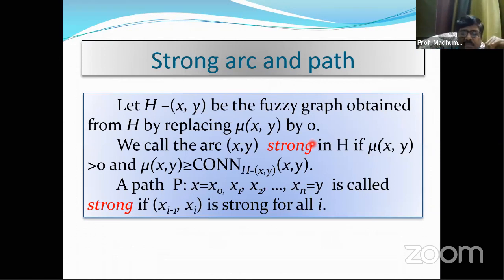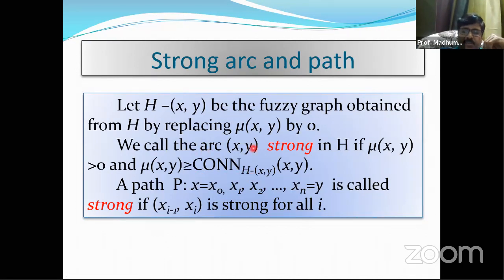Now, based on this connectedness, we can define different types of arcs and paths, which are not available in conventional graph theory. So these are the new concepts: the strong arc and strong path. If this condition is satisfied, that is, mu of xy is greater than or equal to the connectedness between x and y in H minus xy, where H minus xy means the graph H after deleting the edge xy.